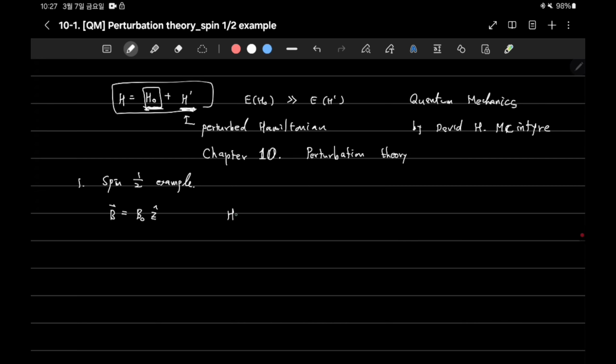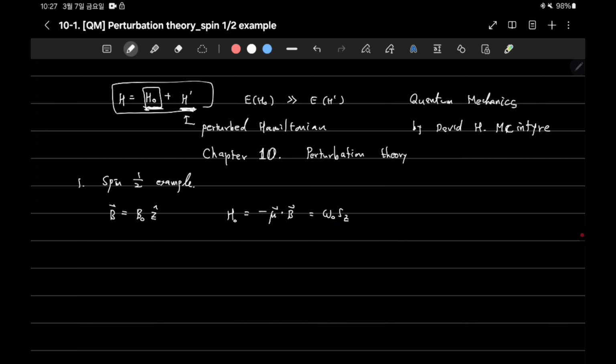Then this Hamiltonian is exactly solvable, and H0 is minus mu dot B, where mu is the magnetic moment.